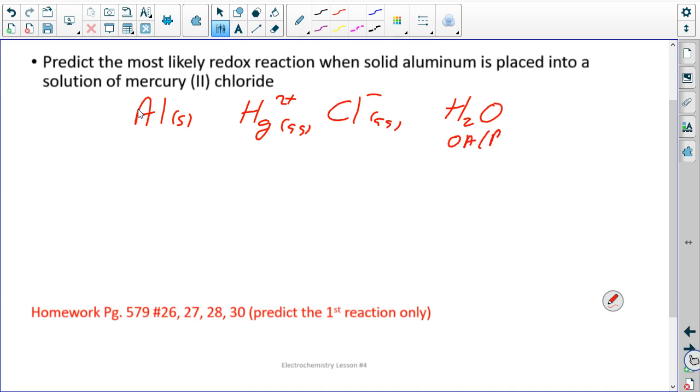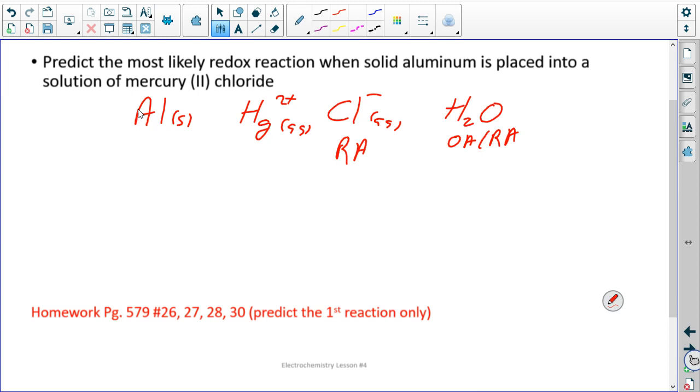Water being your OA, your RA. Chloe, what did you have chloride as, an OA or an RA? Give you a minute. It's a very, very weak RA because it's near the top.